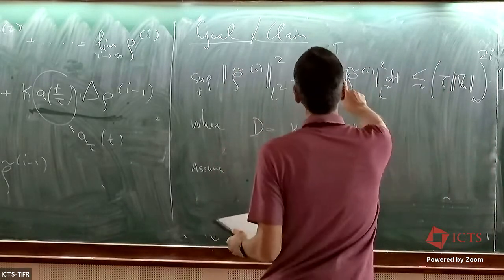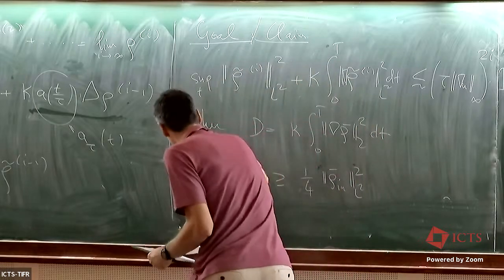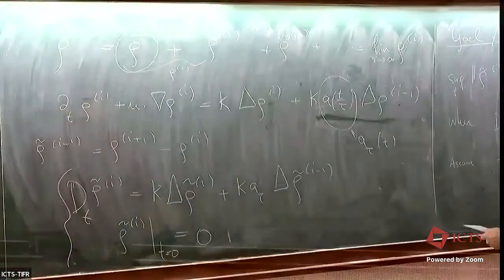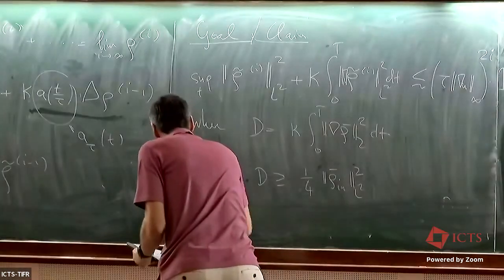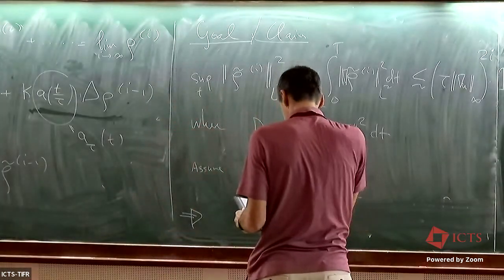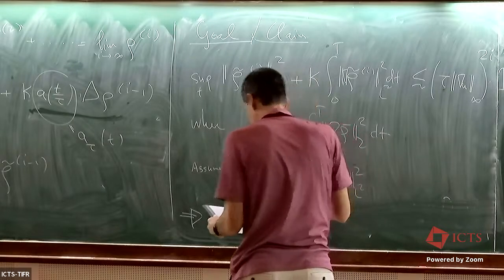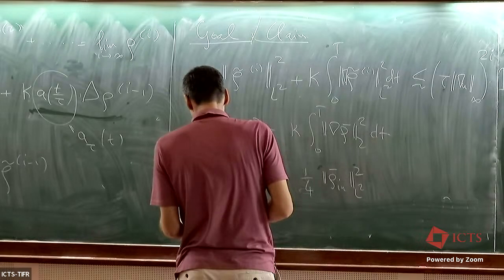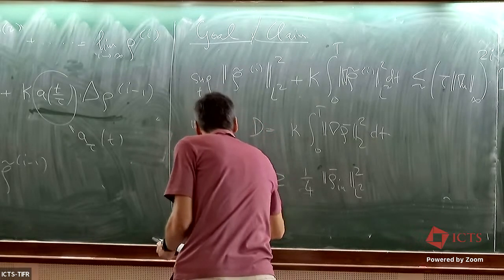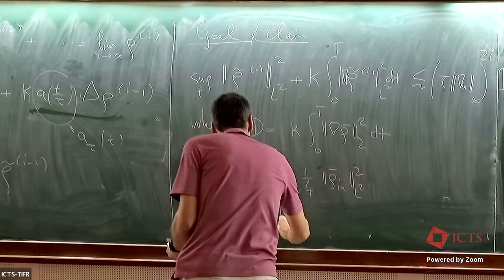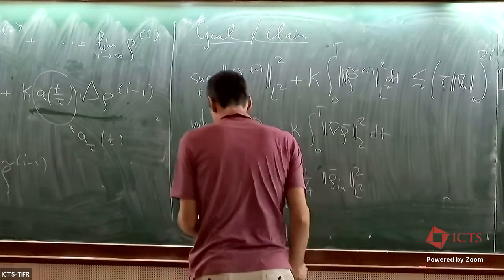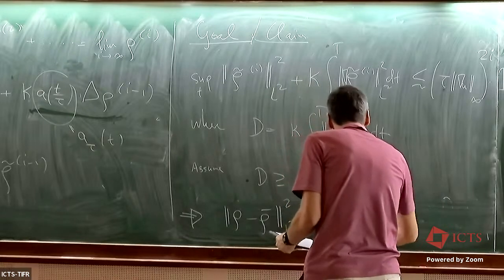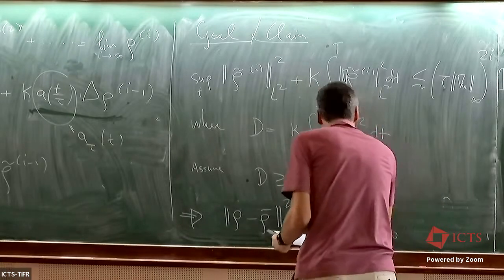Right. So from this claim, then it's easy to derive that rho minus rho bar L2 squared is bounded by this squared.